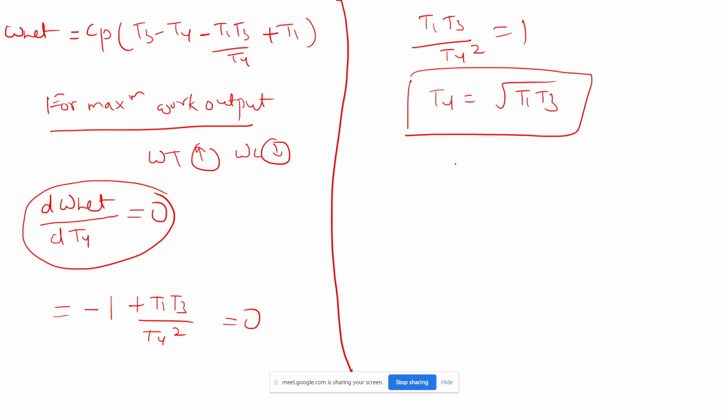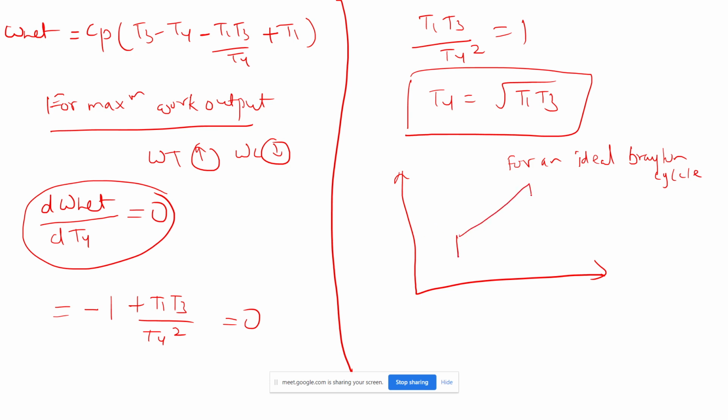Now from here, for an ideal Brayton cycle, the cycle looks like this. We want this temperature T2 to be equal to T4.